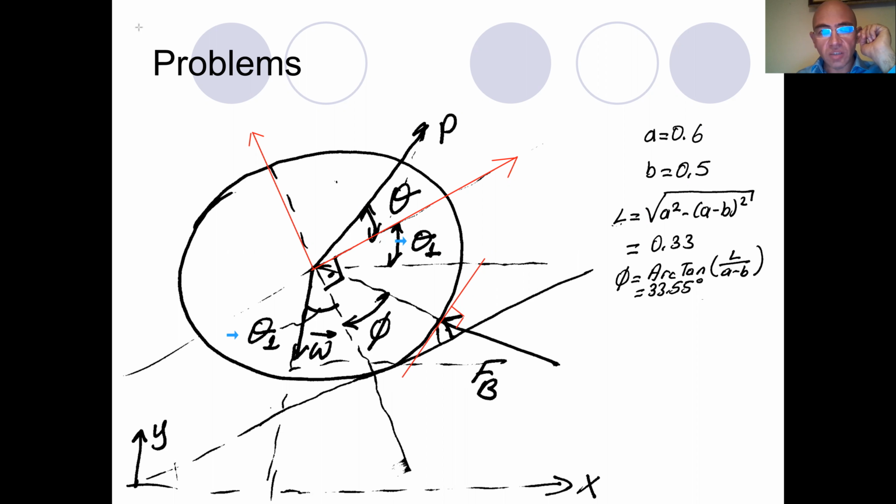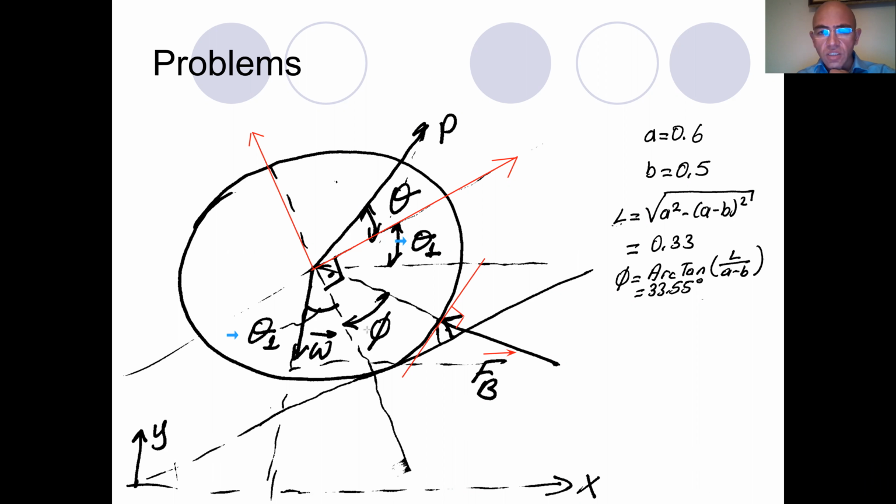Certainly, FB is a vector, so it is better to draw an arrow on it. Okay. So these are my forces. As I said, this angle is θ1. This is phi. If this is phi, this is theta. If this is θ1, so this angle is also θ1.